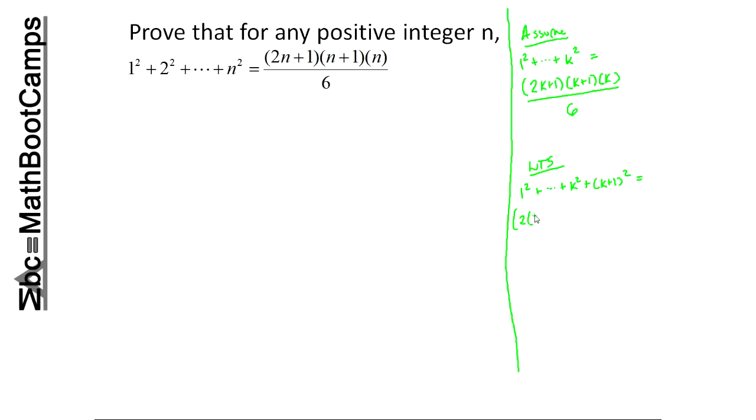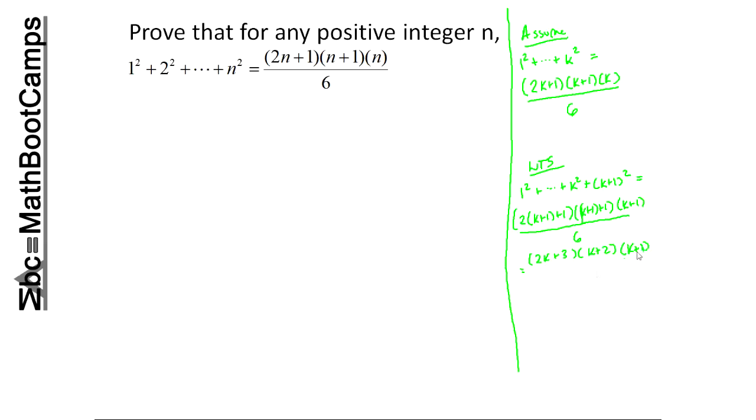So you get 2 times k plus 1, times k plus 1 plus 1, times k plus 1. Now, it may seem silly that I don't simplify as I go, but I like to have this to look back on as I'm working. And then here we get 2k plus 2 plus 1, so plus 3, times k plus 2 times k plus 1.